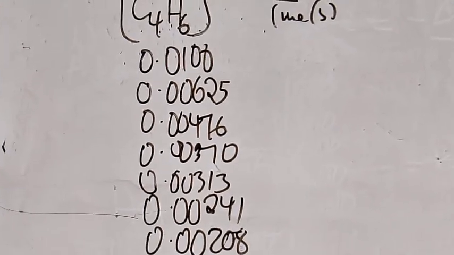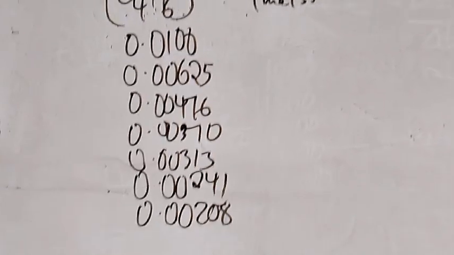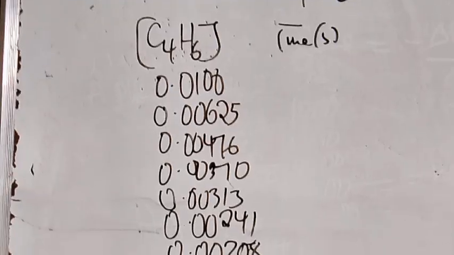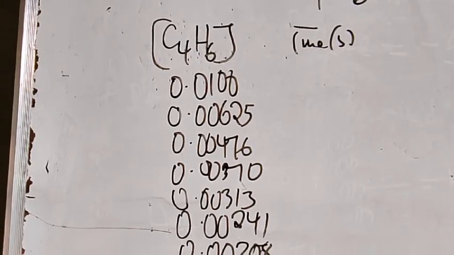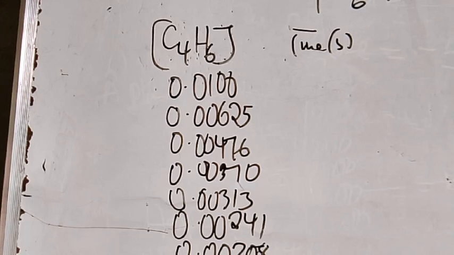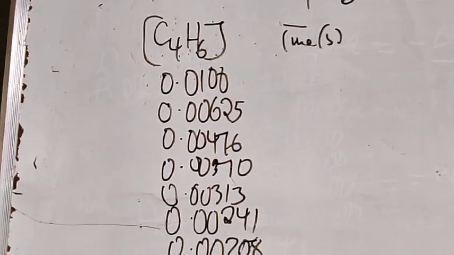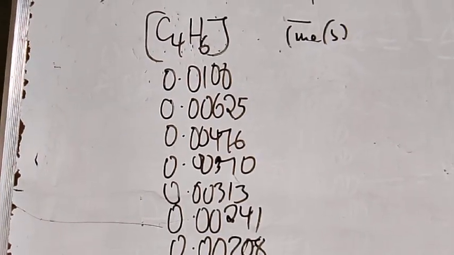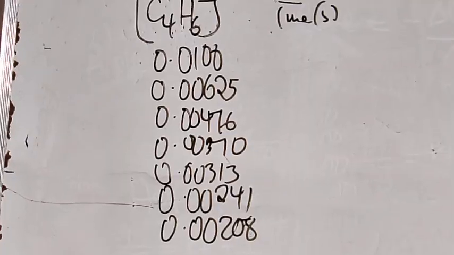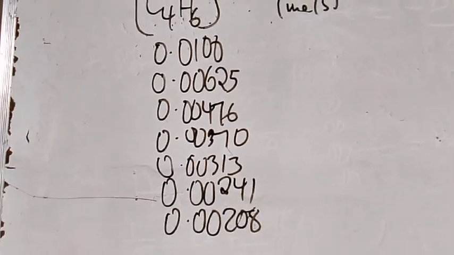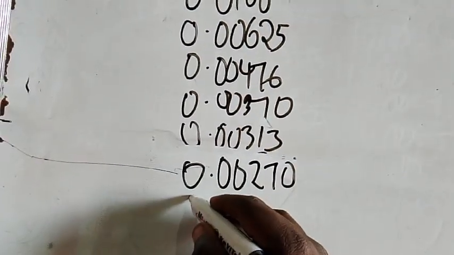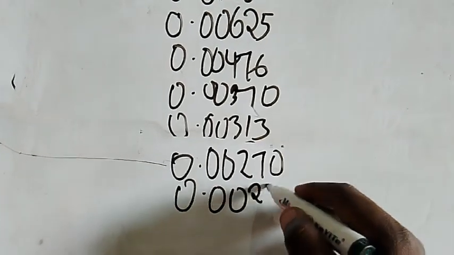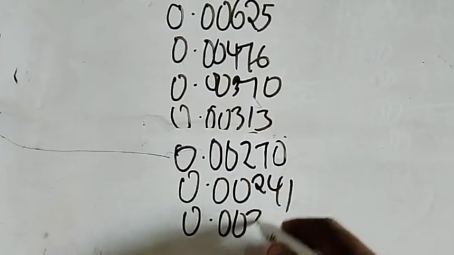So the first one is 0.01, then 0.00625, then 0.00476, then 0.0037, then 0.00313, then 0.0027, then 0.00241, then 0.00208.